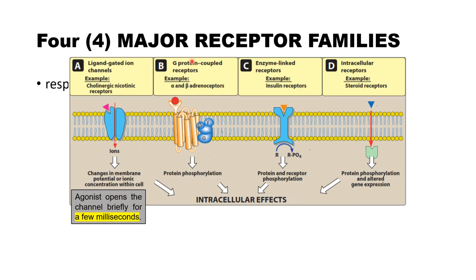The second one is a G protein coupled receptor, a bit slower than the first one. As the name implies, it's coupled to G protein. Upon activation of that receptor by binding with the drug, it leads to detachment of certain subunits of the G protein intracellularly, on the intracellular part of the receptor, and then this detachment will lead to activation of second messengers, as we have mentioned before in the previous slides.